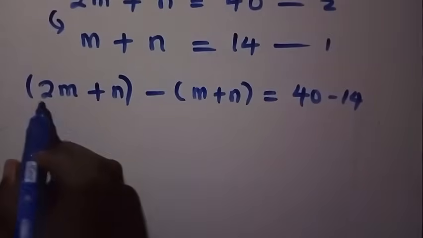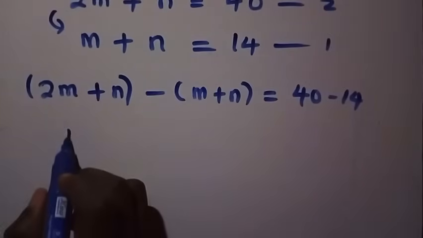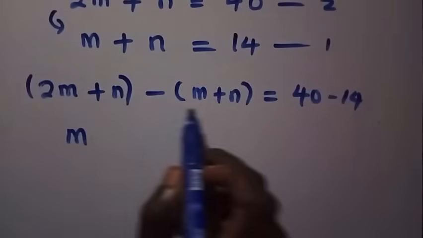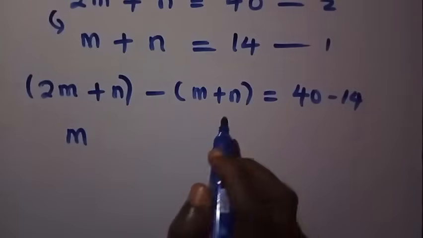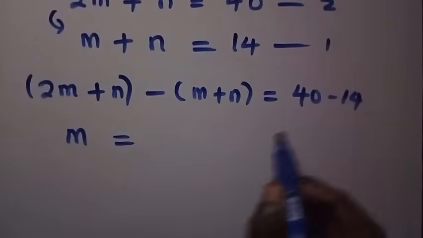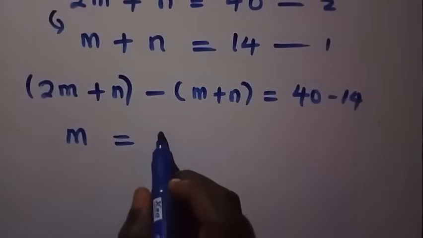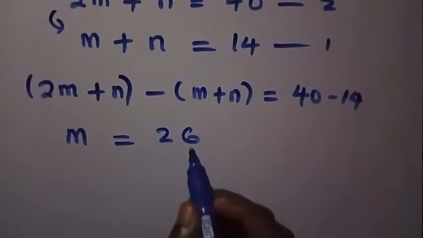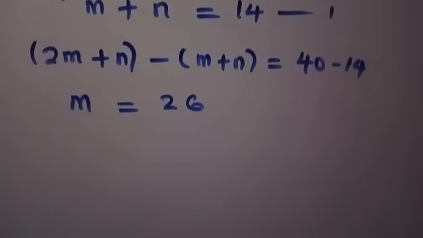So by opening this, 2m minus m gives us m, and here plus n minus n cancels out. This equals 40 minus 14, that gives us 26. That is, the value of m here equals 26.